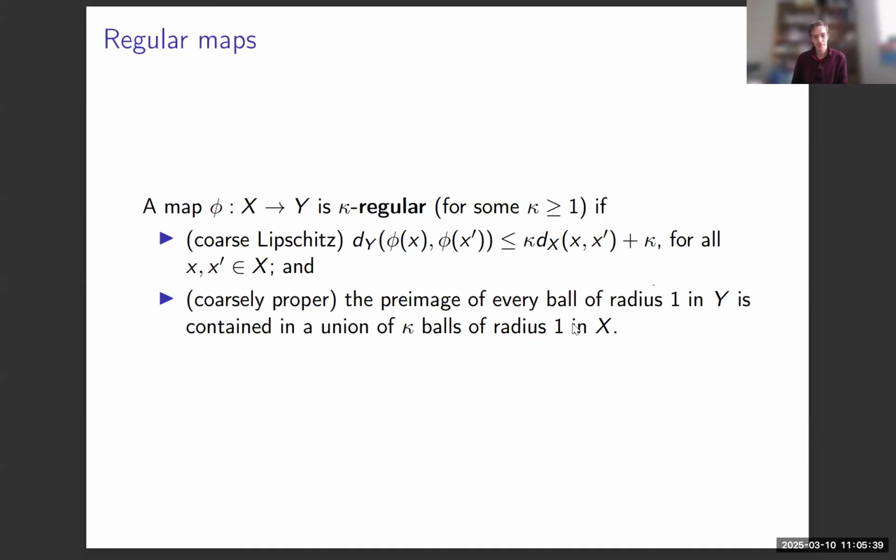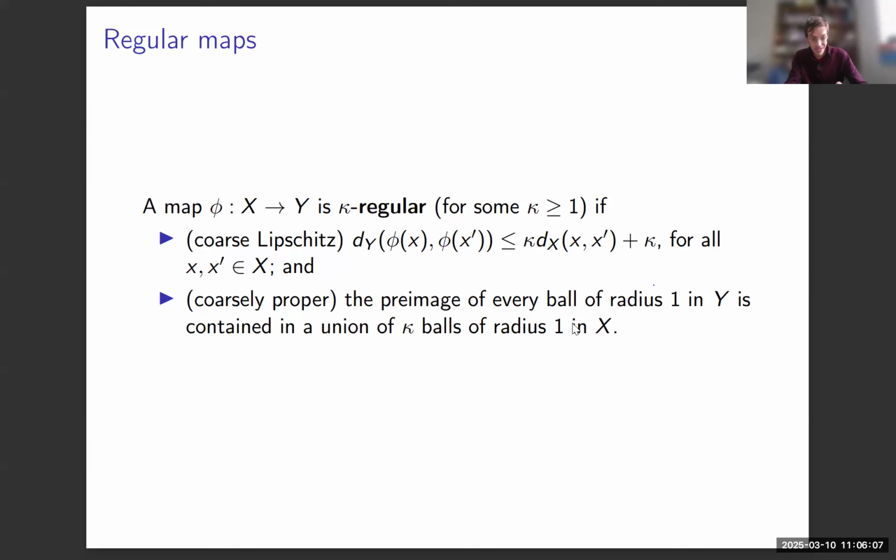A map between two metric spaces is called kappa-regular, for some kappa at least one, if the map is coarse Lipschitz, and we always put on some kind of injectivity condition, and this one is a very, very weak one. It's some uniformly proper condition: if you take a pre-image of a ball of radius 1 in Y, you can cover it by kappa balls of radius 1 in X.